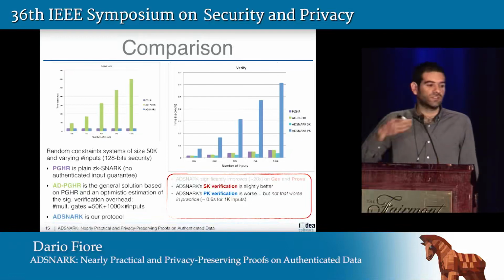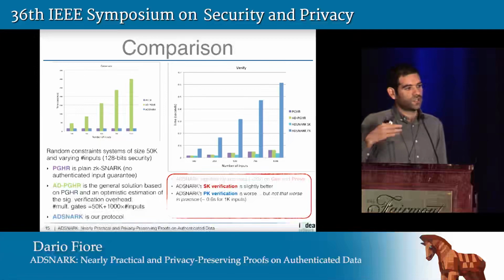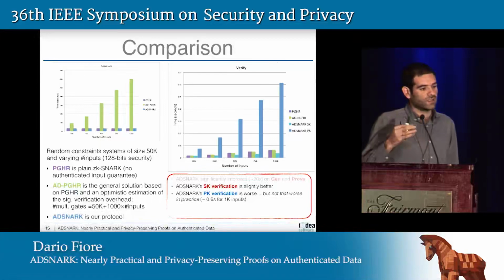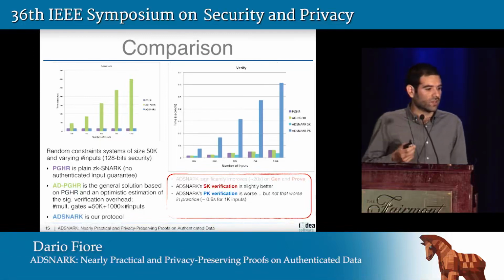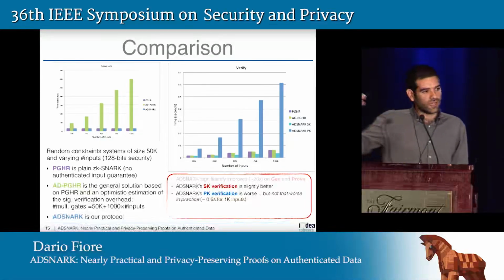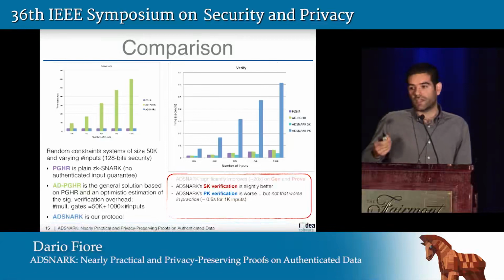This is not good in terms of scalability, but the good news is that we still remain in what we can call the realm of practicality, because even with this non-scalability we are still below 1 second to verify.